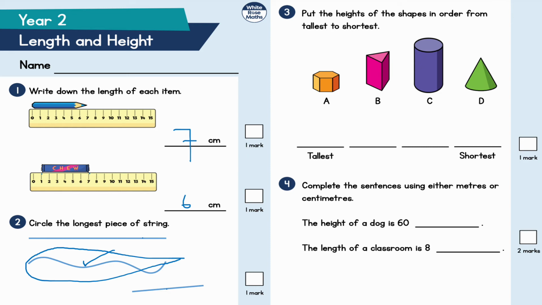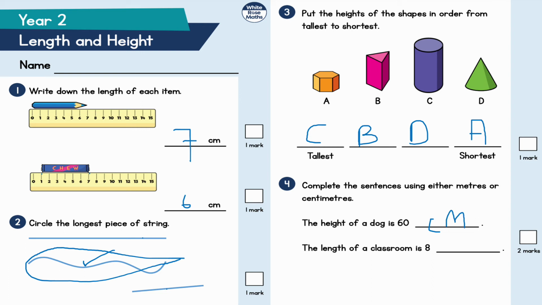This is question number 3. Put the heights of the shapes in order, starting from the tallest to shortest. So it's C, then B, then D, then A. This is question number 4. Complete the sentences using either meters or centimeters. The height of a dog is 60 centimeters. It wouldn't be 60 meters because that's very high.